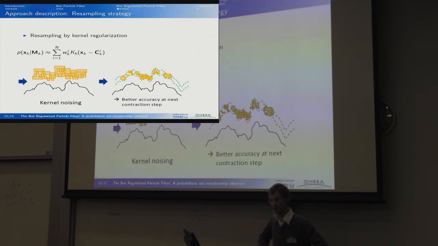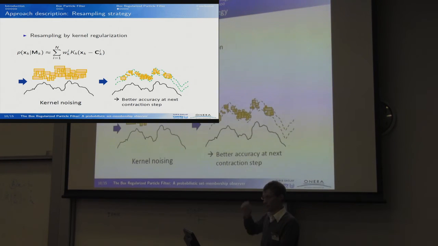This is my question. It is done here. We compute this regularization assuming that we are just considering the center of each box particle.